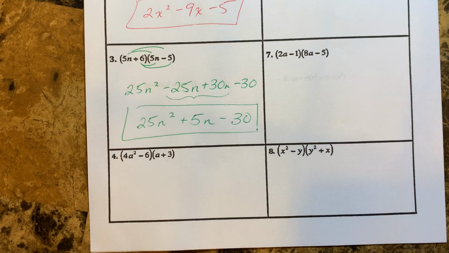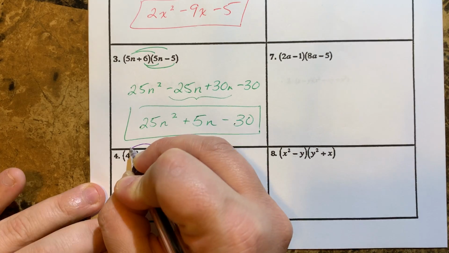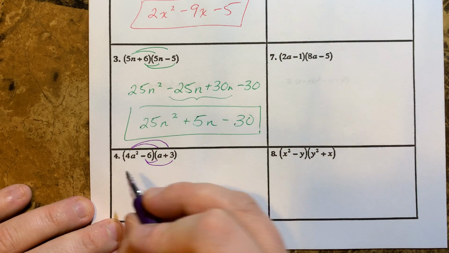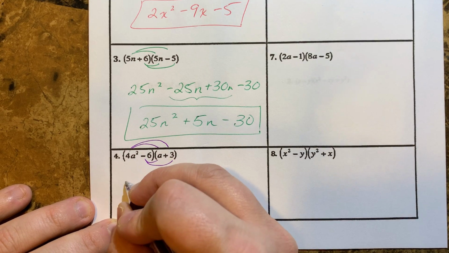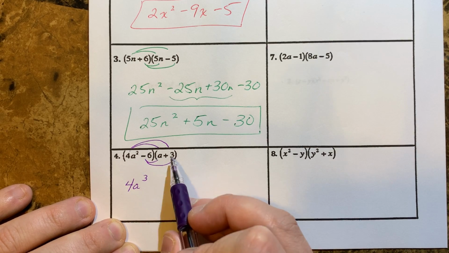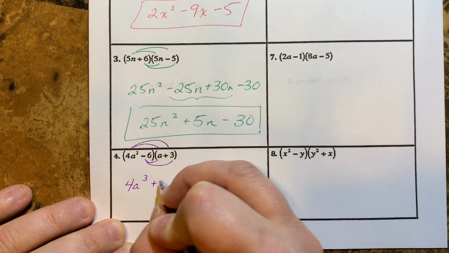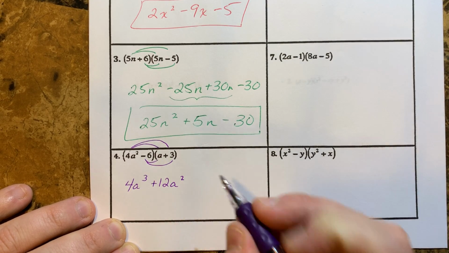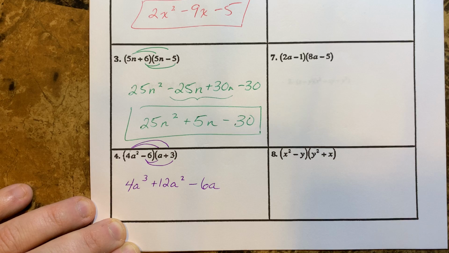All right, number 4, multiply the firsts, outers, inners, and lasts. 4a squared times a is 4a to the third. 4a squared times 3 is positive 12a squared. Negative 6 times a is negative 6a.